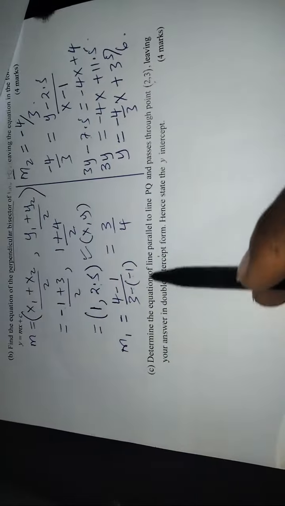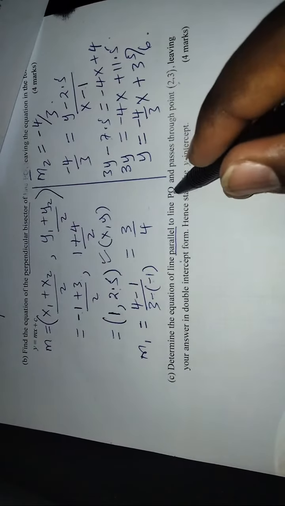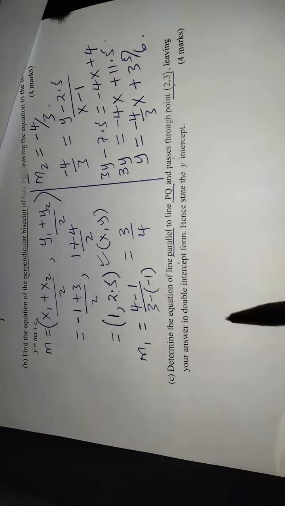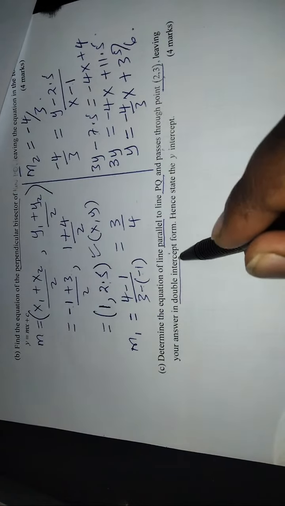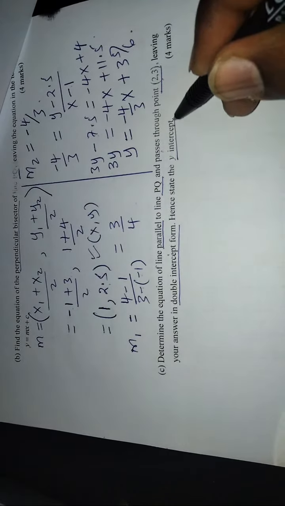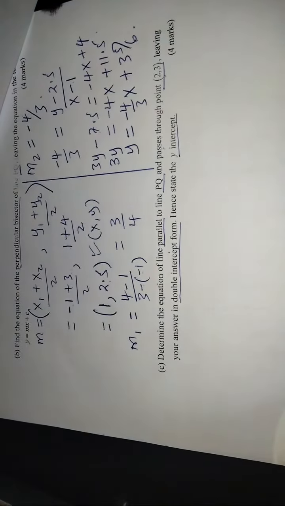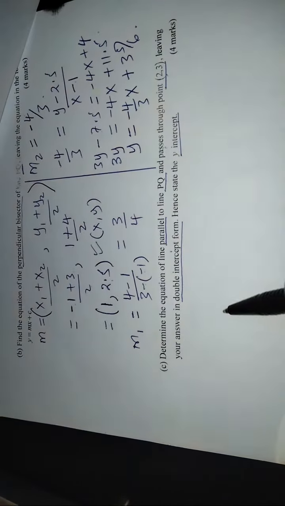We are determining the equation of a line parallel to line PQ, and the line passes through point (2, 3). We're going to leave our answer in double intercept form, and we're going to state the y-intercept. So we have all those instructions to obey in part C.